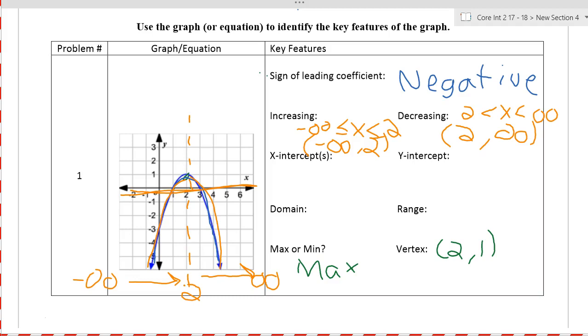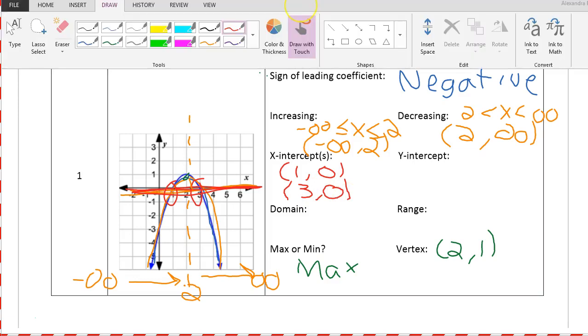All right, the next thing I'm going to look at is my x-intercepts. Where does x cross this axis? It crosses it here and here. That is at, I moved over 1, (1, 0) and (3, 0).